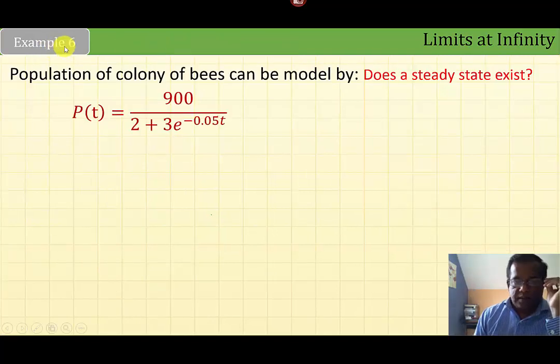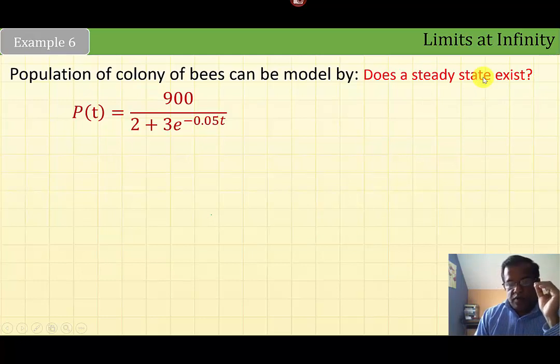Example number 6. A population of a colony of bees can be modeled by this formula. And the question is, does a steady state exist? Steady state means, does it reach a particular number as time goes on?